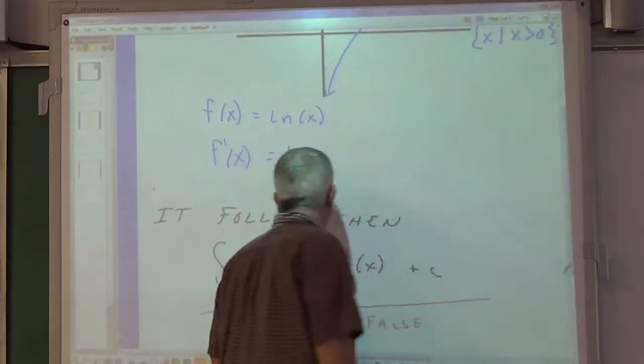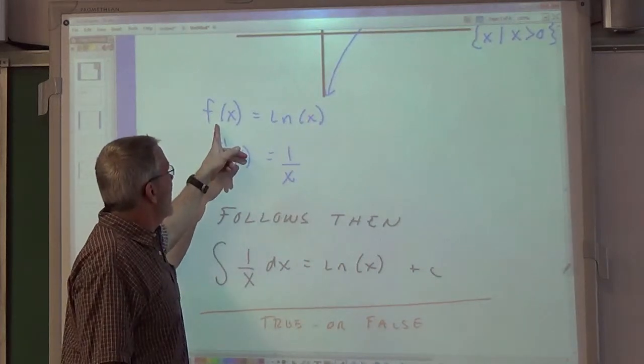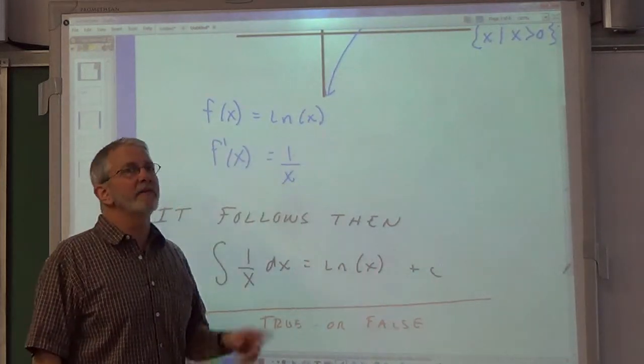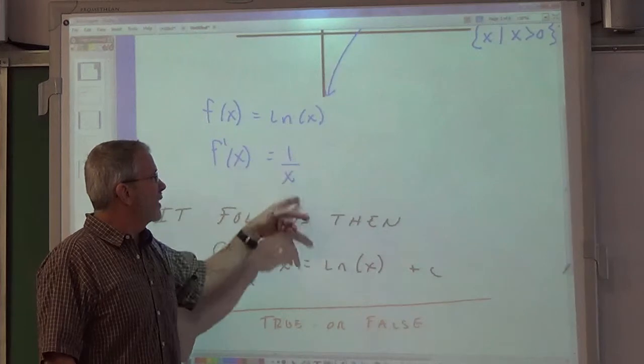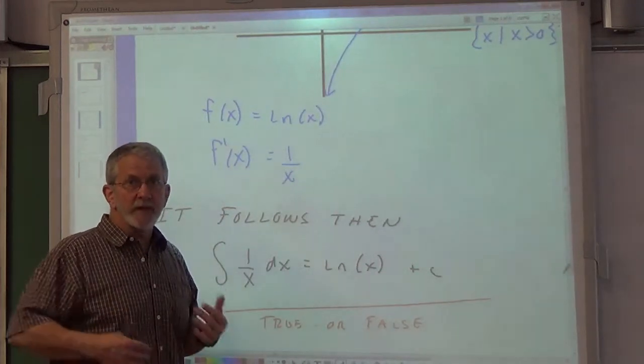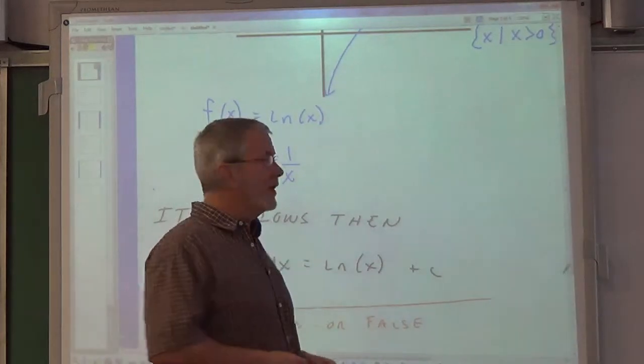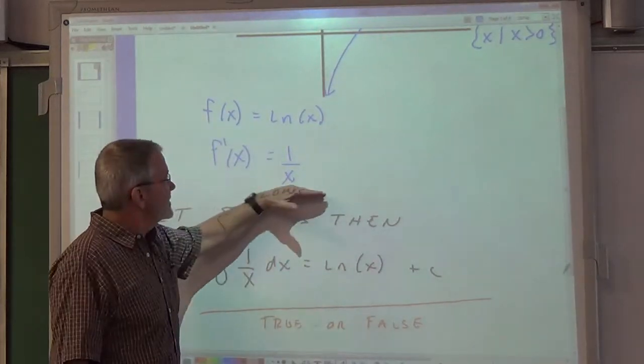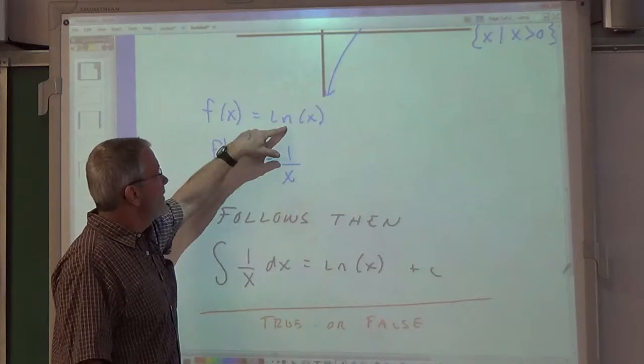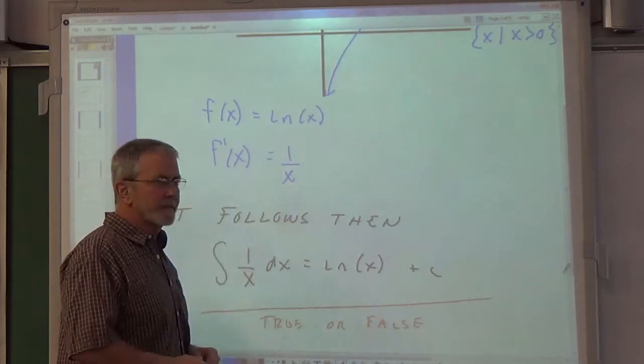What was given yesterday was that if I have this function ln of x, the derivative of ln of x is 1 over x. This was given without a proof. We did have some discussion about the graphical representation of the derivative of ln of x, but this is what we determined yesterday. The derivative of ln of x is 1 over x.